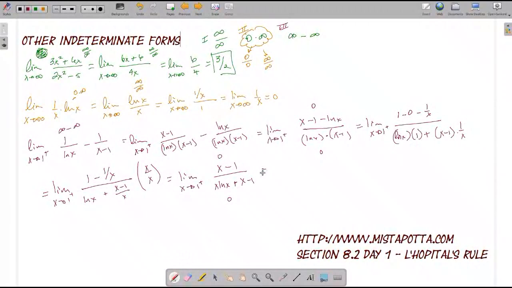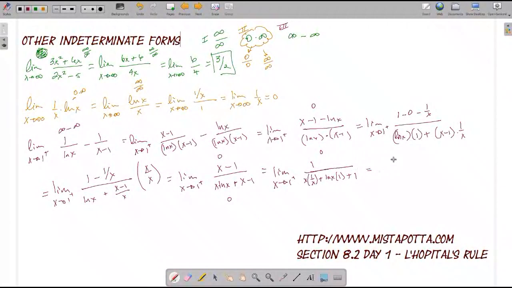So when I do that, I get the limit as x approaches 1 from the positive side of 1 over, here I need to treat this as a product. So this is going to be first times derivative of the second plus the second times the derivative of the first, plus the derivative of x minus 1, which is 1.